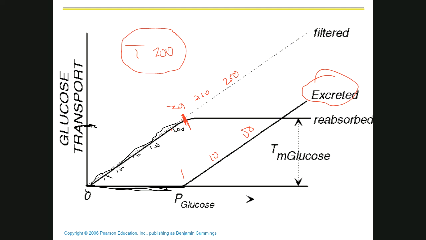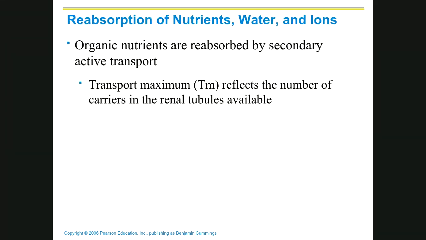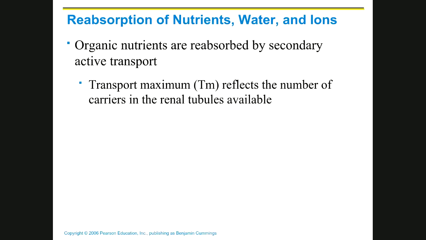Well, that's not just true for glucose. All organic nutrients have a transport maximum. So it could be an amino acid. So amino acids also have a transport maximum. I don't know which amino acid we're talking about, but there's a certain level in our blood, whatever it is.